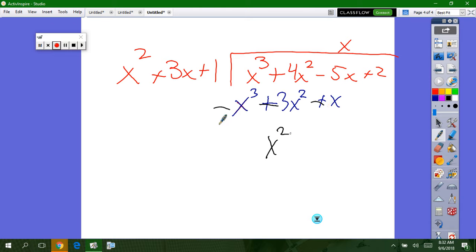X squared. Here. Here. Everybody with me? Okay? How does an x squared become an x squared? We times by a positive 1, correct?